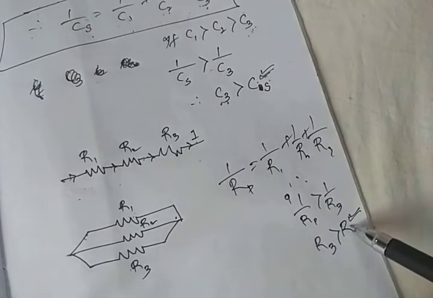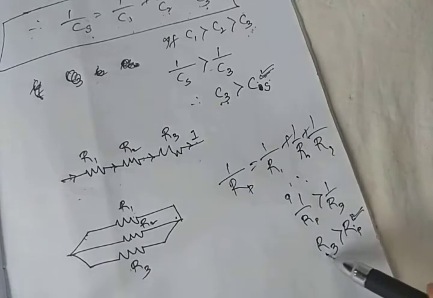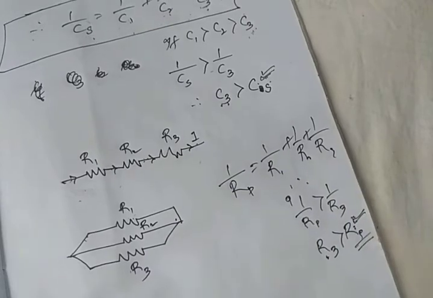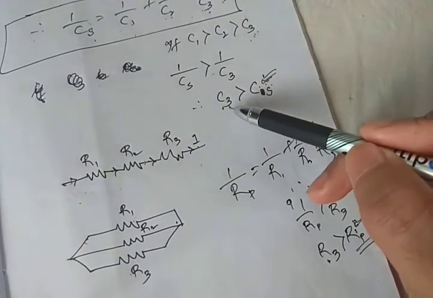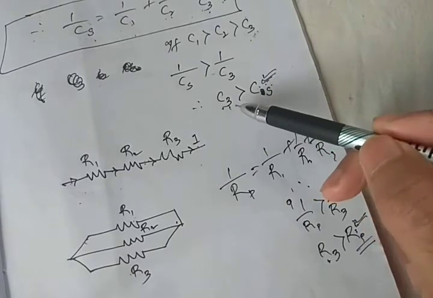So the parallel equivalent resistance is smaller than the smallest value of resistance that we have. That is why all household wirings are done in parallel, because it reduces the effective value of resistance. So likewise the equivalent capacitance in series is smaller than the smallest value of capacitance that we already have.